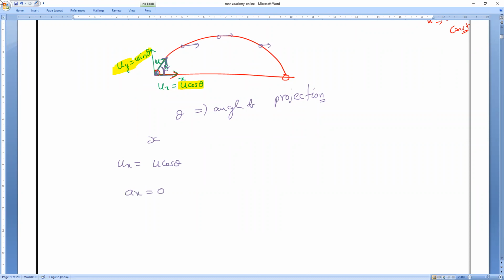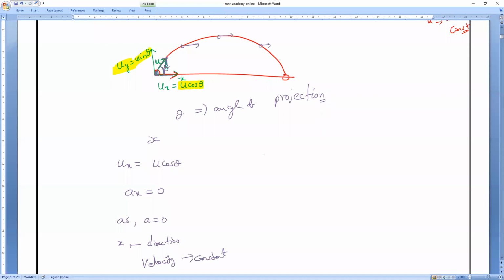Since a is equal to 0 in the x direction, velocity is always constant. So velocity remains constant.